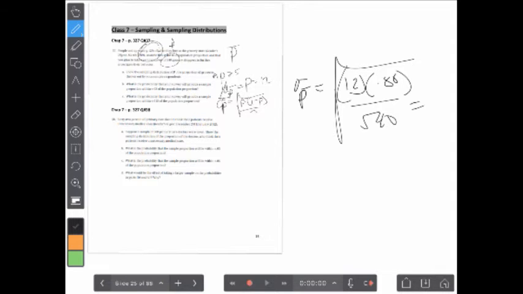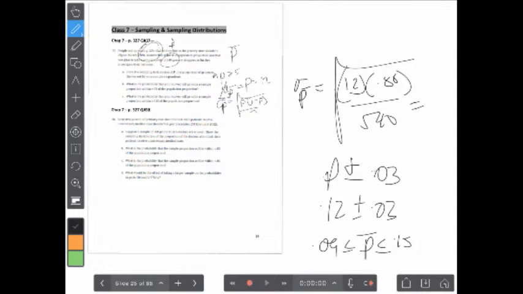Essentially we want P plus or minus 0.03, so the upper proportion is 0.15 and the lower is 0.09. We want the probability of being in that range.